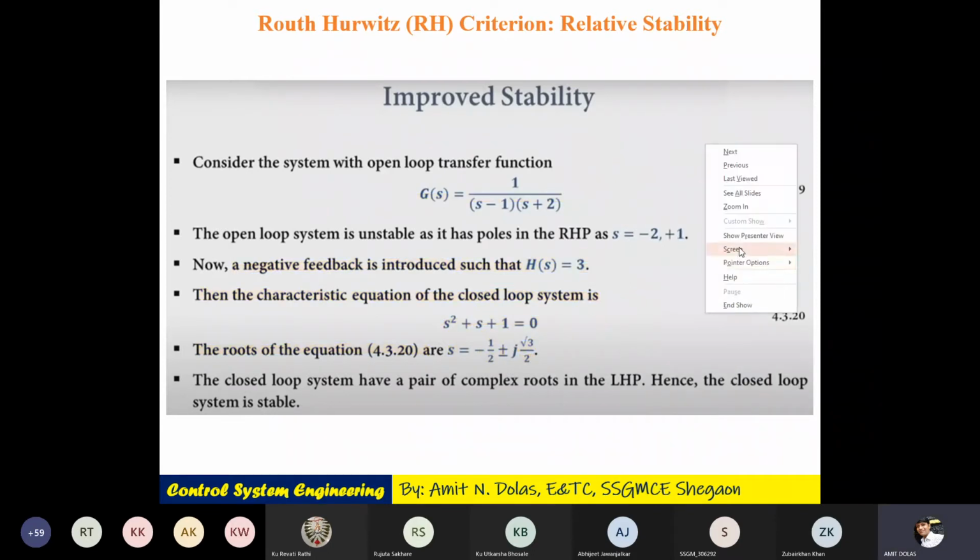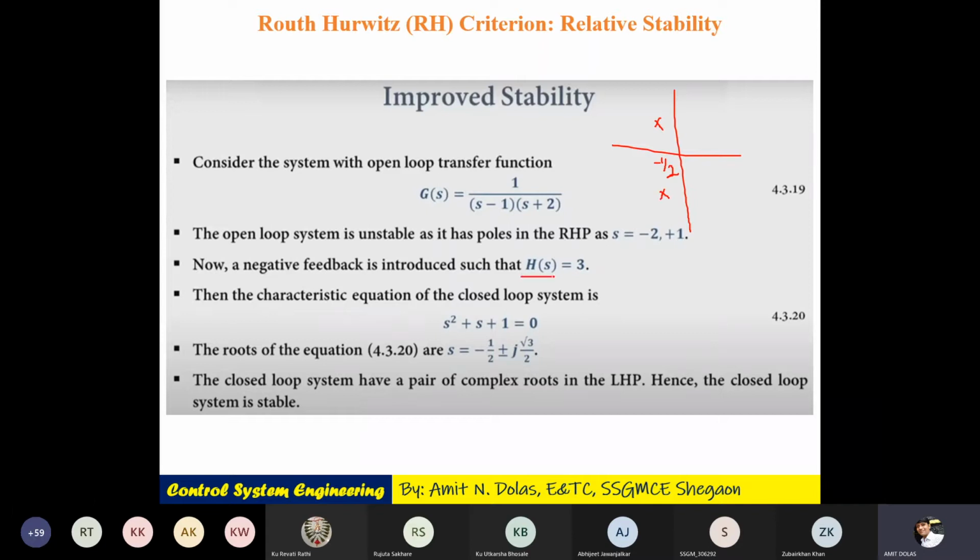How is the S plane? The S plane is like this. I have the real axis and the imaginary axis. Somewhere here is -1/2, and here is plus j root 3/2, and here is minus j root 3/2.